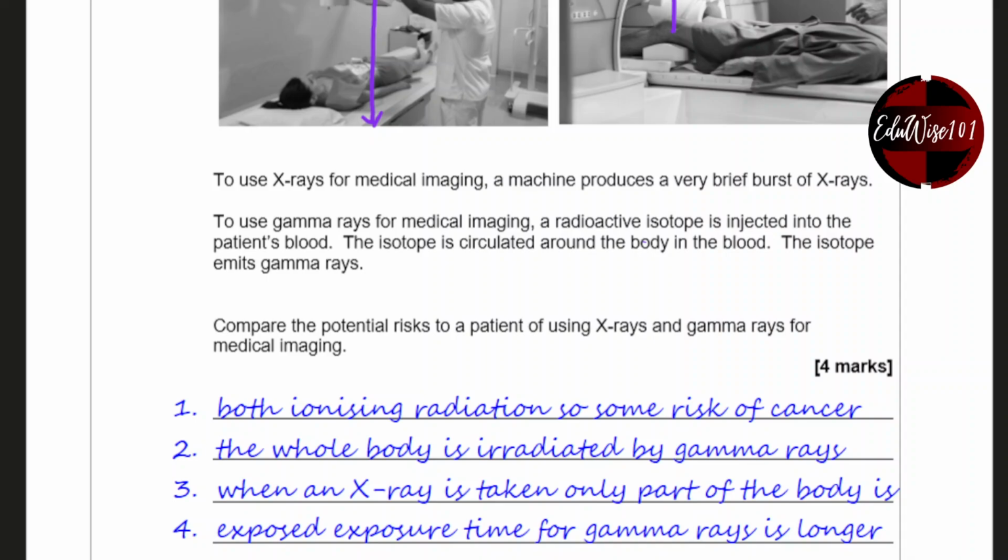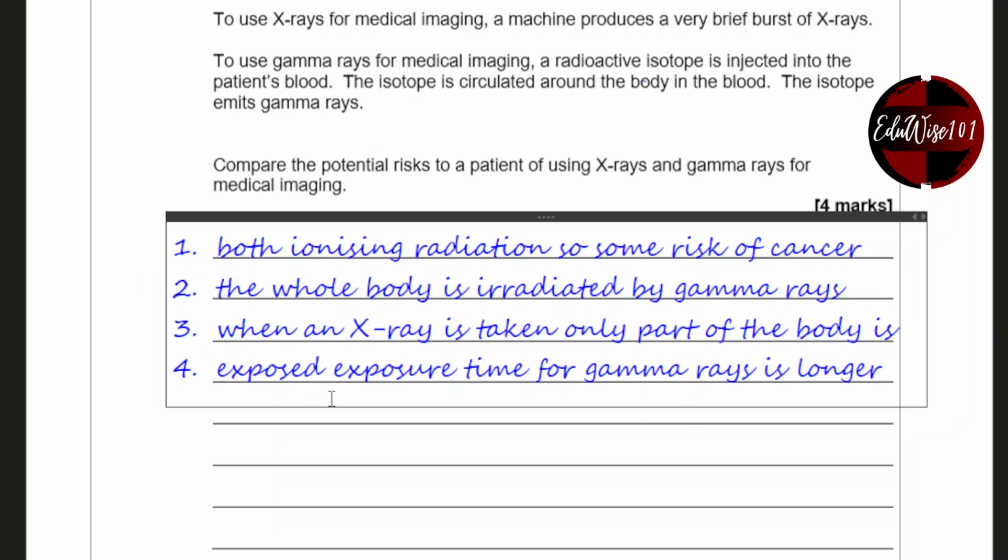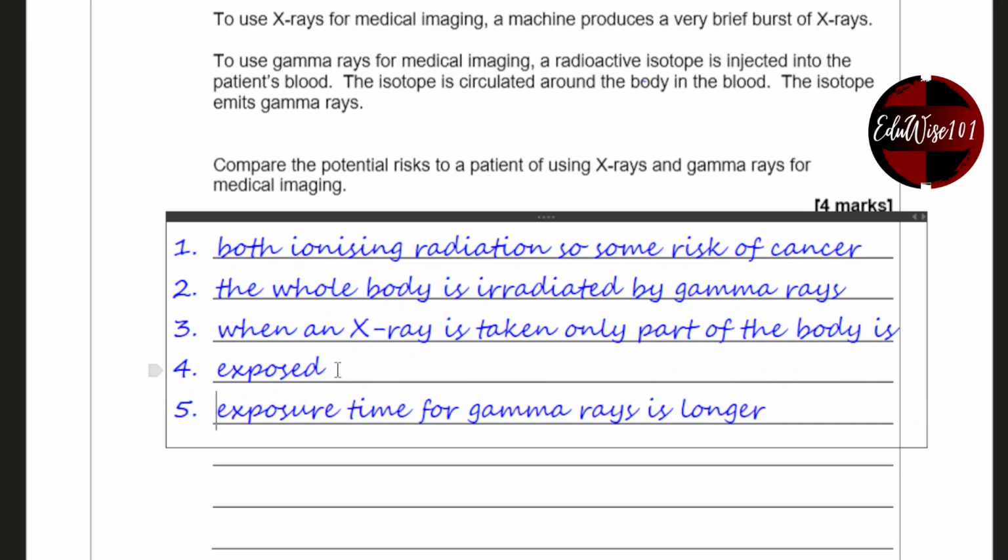The whole body is irradiated by gamma rays, whereas in X-ray, it is taken only for the part of the body where we are actually trying to look through. Exposure time for gamma rays is longer than X-rays.